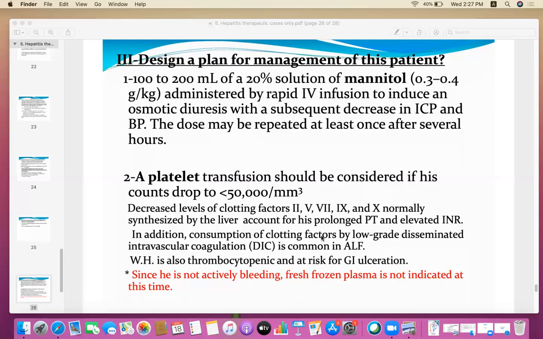The patient is also thrombocytopenic and at risk for GI ulcerations. Since he is not actively bleeding, fresh frozen plasma is not indicated at this time.